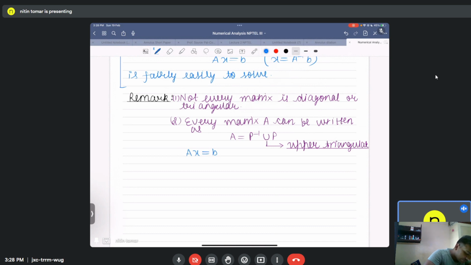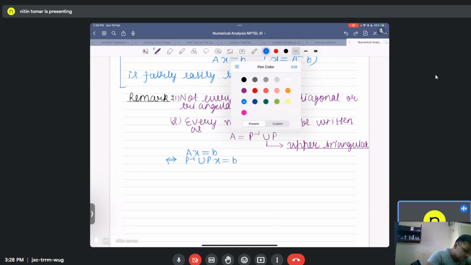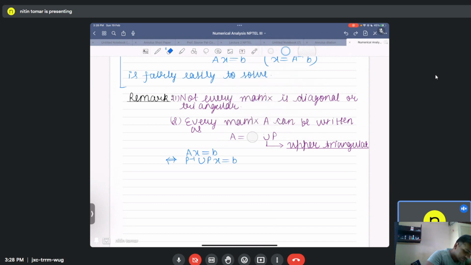Then this is true if and only if P inverse UP x equals b, right? In fact, just a minute, sorry, you can replace it by transpose also. You don't need to go for the inverse: P transpose UP, yes, because you're working with reals.